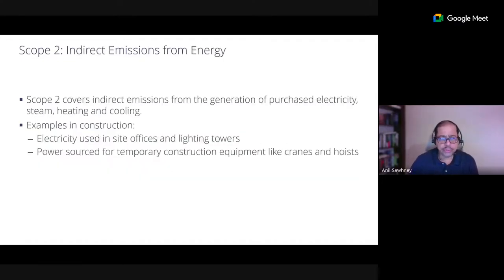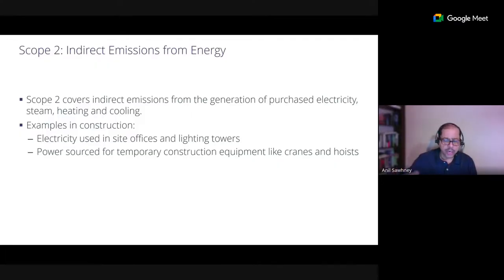Scope 2 indirect emissions are essentially emissions that come from purchased electricity, steam, heating, or cooling for your assets. So your company maybe buys energy from an external provider.